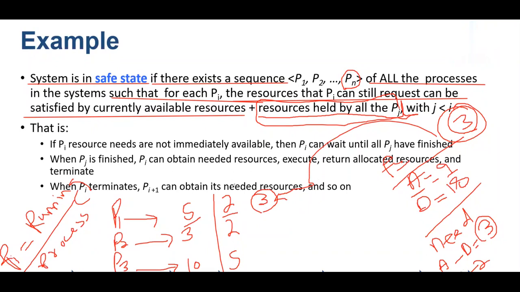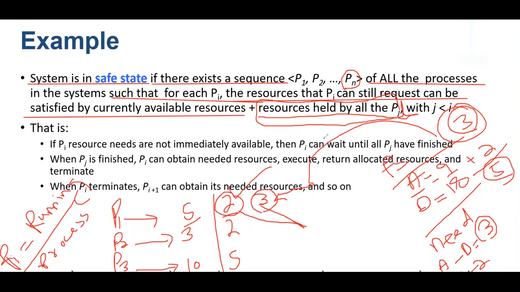So it means that P1 will have its sufficient amount of resources and P1 will finish. When P1 finishes, it will release this 2 instance and this 3 instance. Now the system will have more resources. The 2 instances were already allocated and being used, and the 3 were newly allocated. So this 2 will be released. 3 plus 2 is equal to 5. So now the system has how many resources? 5 resources. That's why I told you here, resources held by all the Pj.